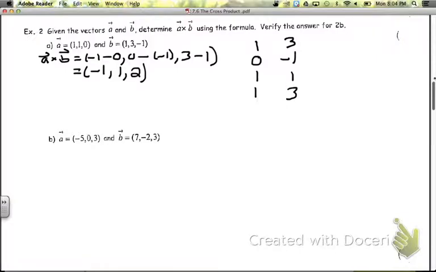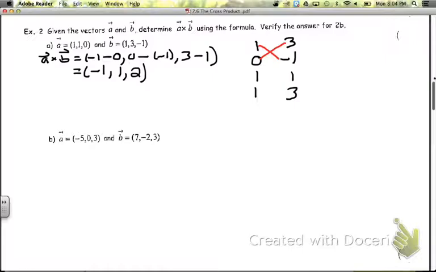And then what we do is we use the cross product. So remember, it's A2 times B3, subtract our A3 times our B2, and then we continue.